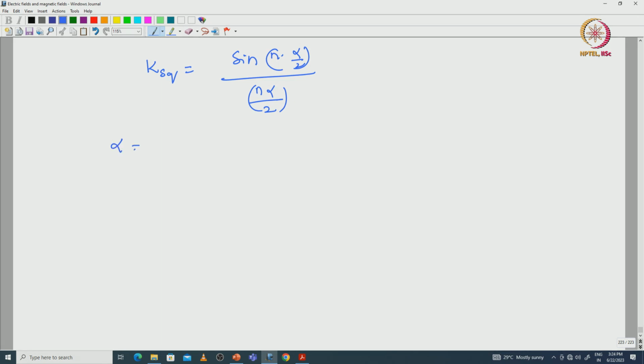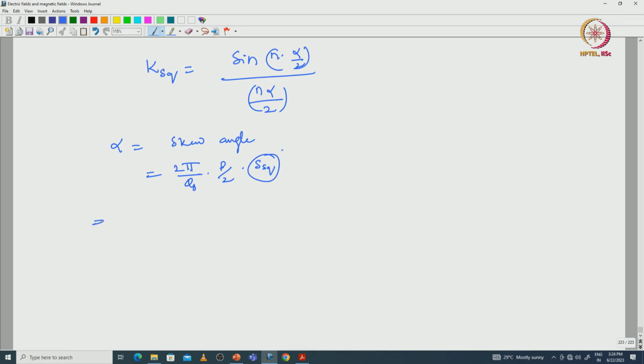Here alpha is equal to the skew angle. The skew angle we have represented as 2 pi by Qs into p by 2 into SSQ. SSQ is how many slots we are short pitching or skewing. If it is 1 slot skewing, then it will be 1, if 2 slot skewing it will be 2, like that.